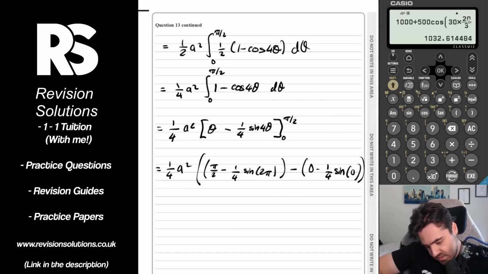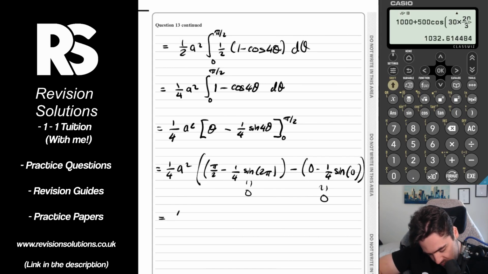So that second bracket's really nice because sine of 0 is 0. So 0 minus 0 is all 0. So we can just forget about that entirely. And then this guy, sine of 2 pi is actually also equal to 0. So this little bit here is all 0. So we're just left with this pi on 2.